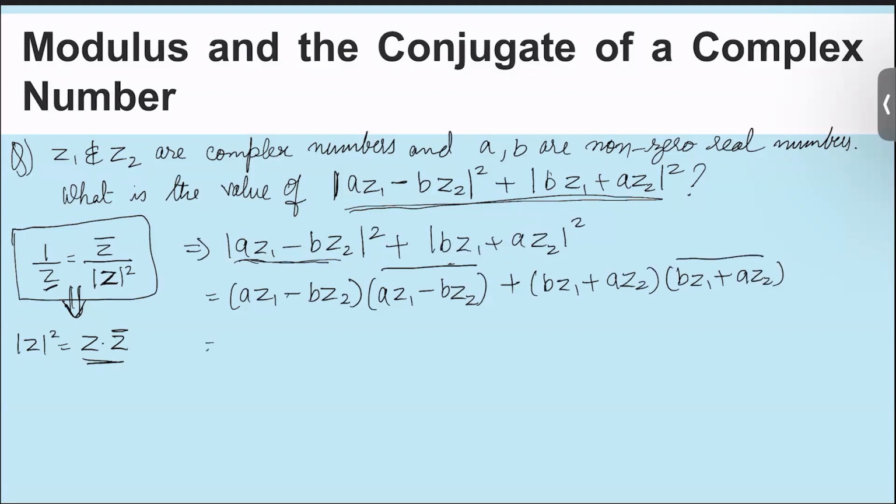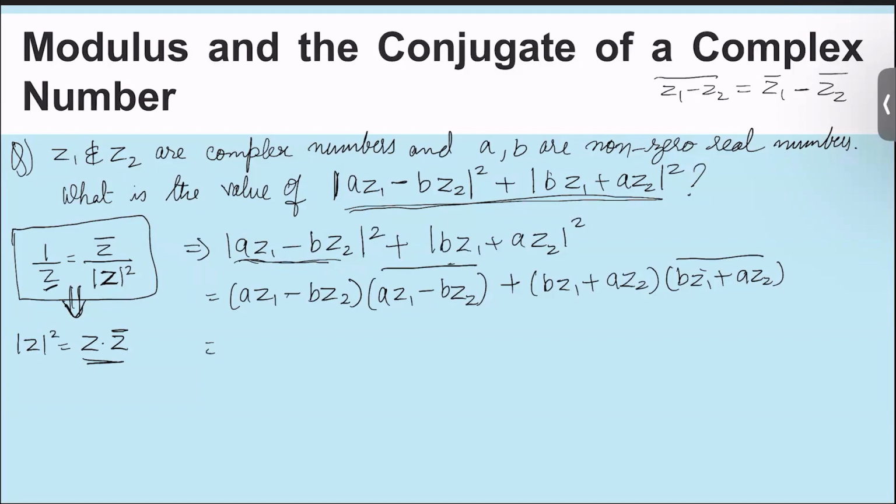We had also seen that z1 minus z2 the whole conjugate becomes conjugate of z1 minus conjugate of z2, so you can separate out the individual conjugates.